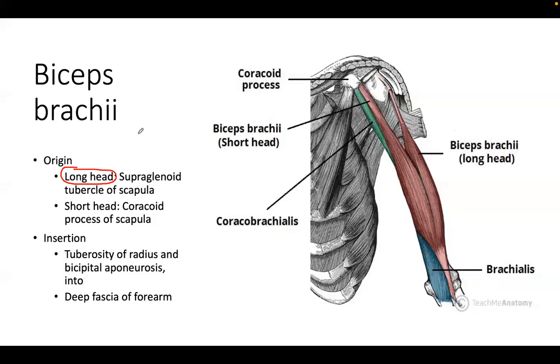The long head, I'm going to put a letter L here for the long head, originates from the supraglenoid tubercle of the scapula. The short head originates from the coracoid process. So please memorize that by heart.